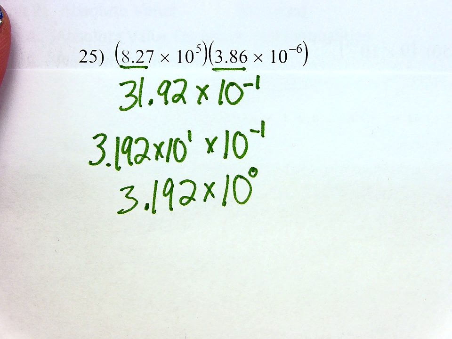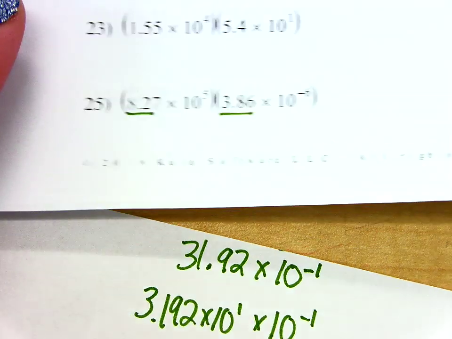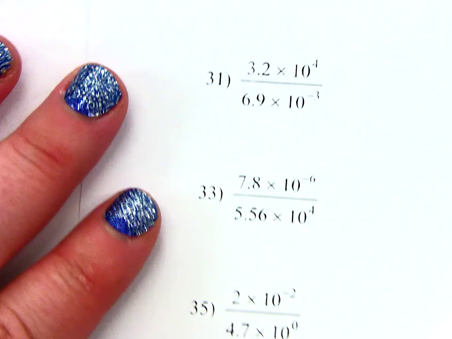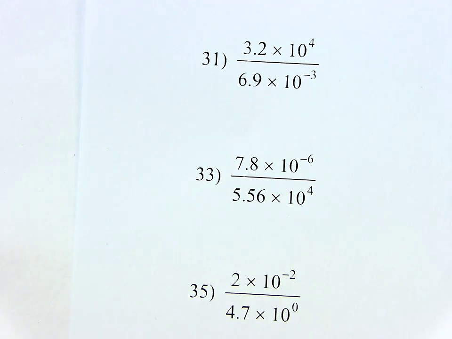Is this all right? Now, it doesn't matter what operation you're doing. So you'll see on the back, there's some division to do. I do the division the same way. So, for example, let's start off with one that's not too crazy.